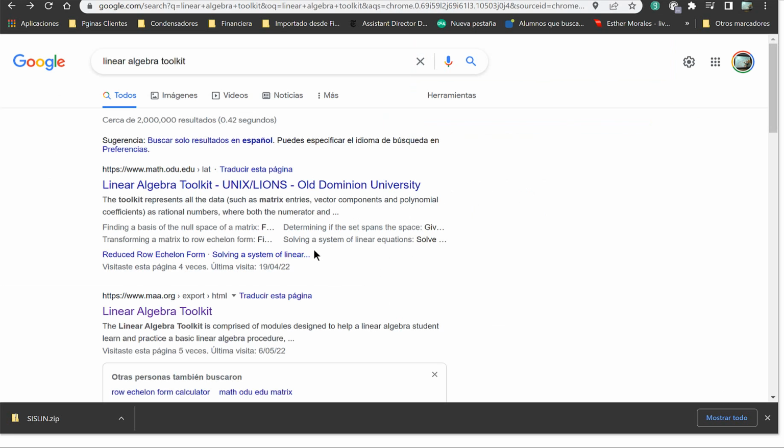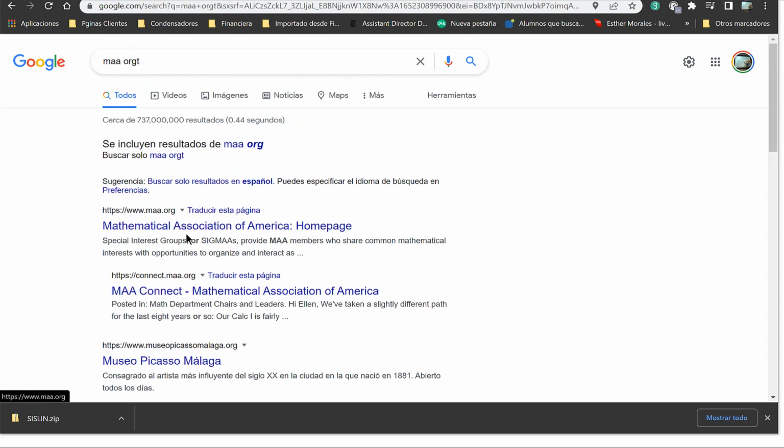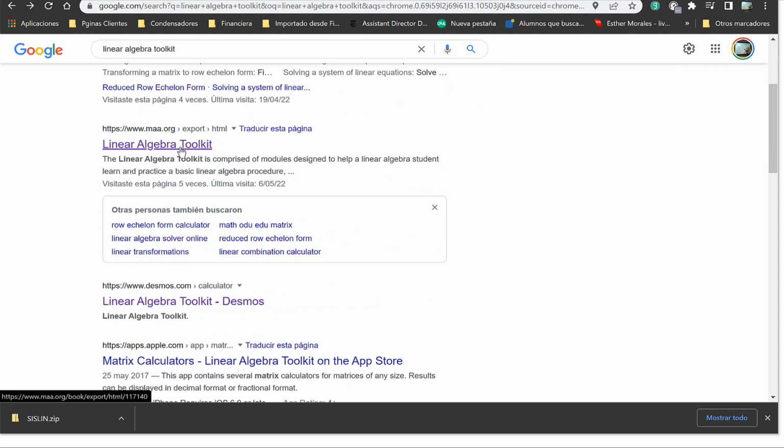To go to the web, just write in Google or wherever your search engine is with the keys Linear Algebra Toolkit. There are many people using or giving links to this page, but I suggest you go to the MAA organization, the Mathematical Association of America, and choose Linear Algebra Toolkit.